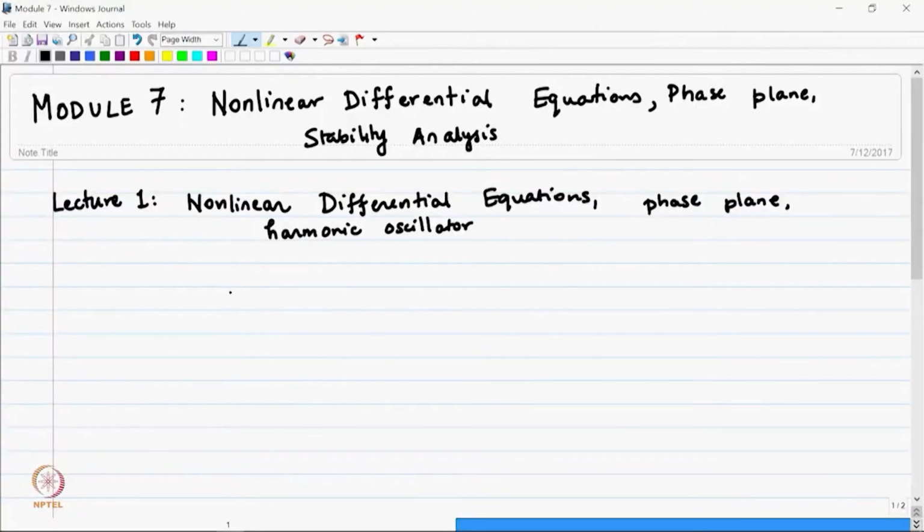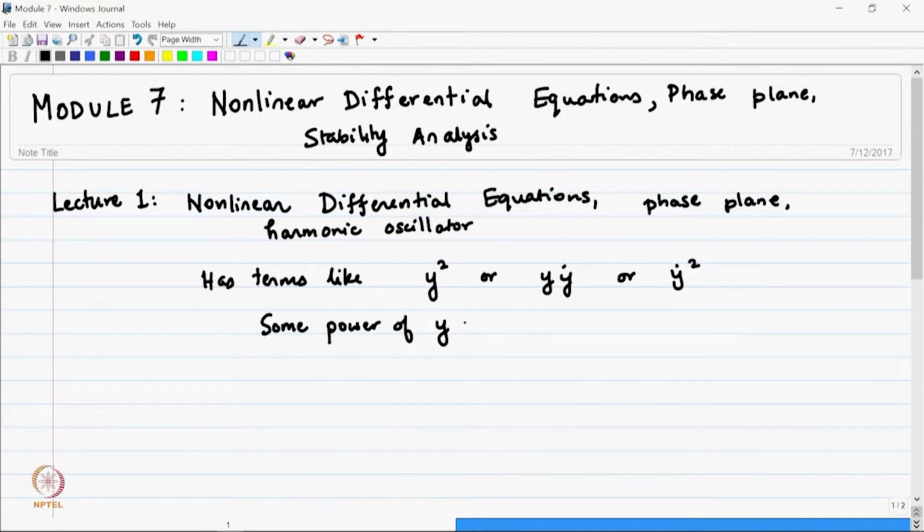A nonlinear differential equation, if you remember, is one that has terms like y square or y dot or y dot square, that is, some power of y or any of its derivatives, or a cross term.